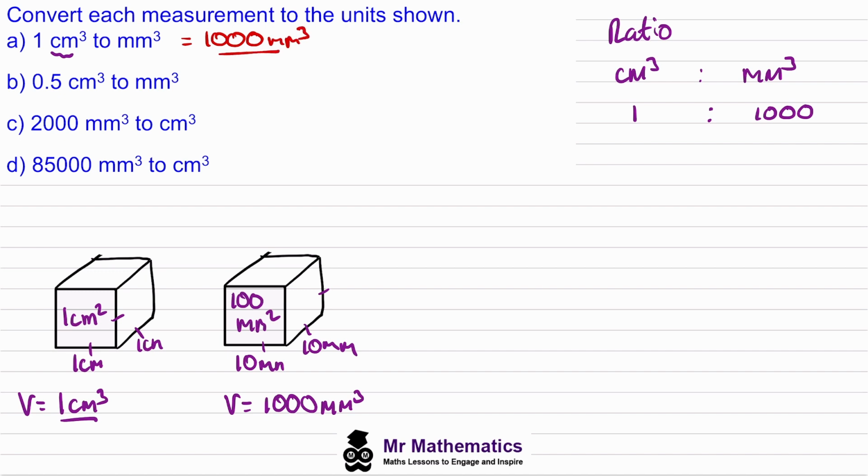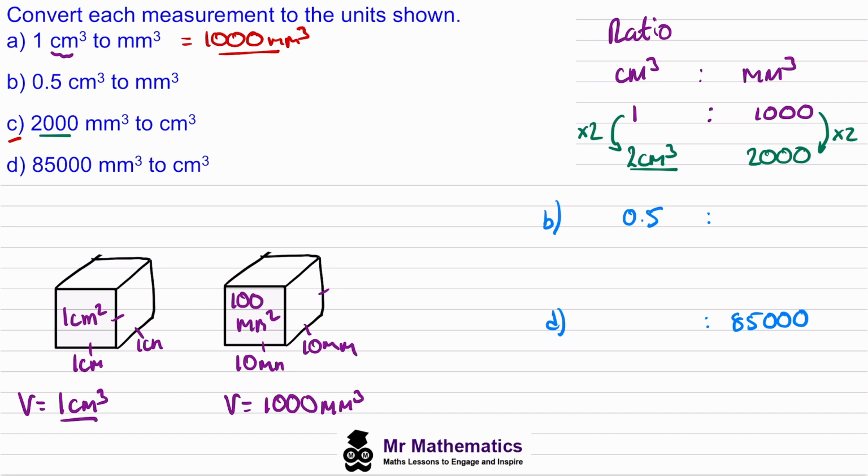And for part C, well, if we've got a volume of 2000 millimeters cubed, we can multiply this by 2. We'll do the same to the other side. Then this will have a volume of 2 centimeters cubed. So again, do you want to try and work out question B and D? You can pause the video, and when you come back, we'll go through the worked solution.